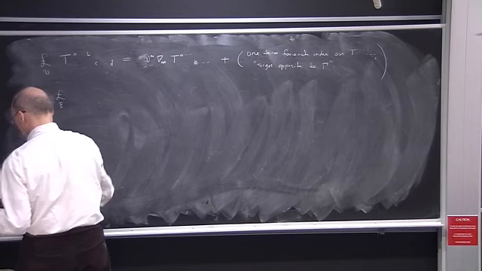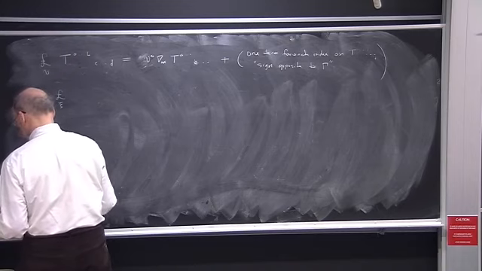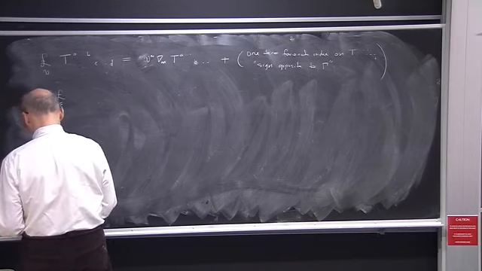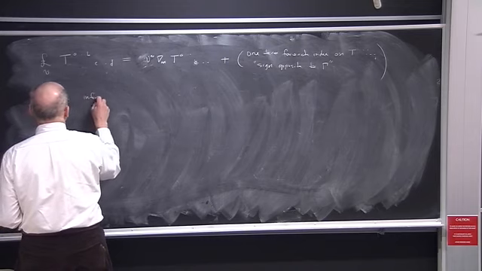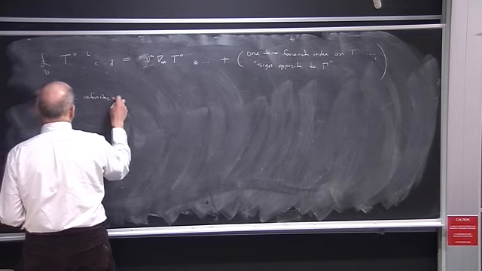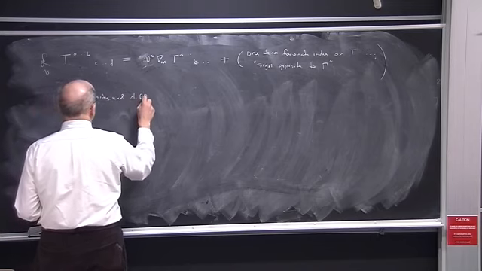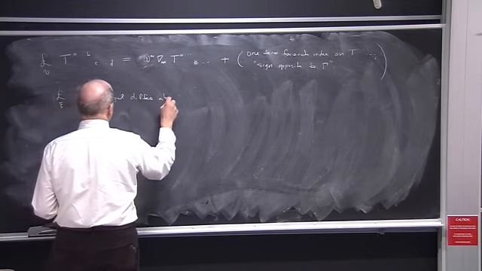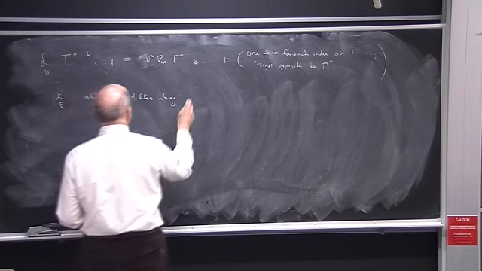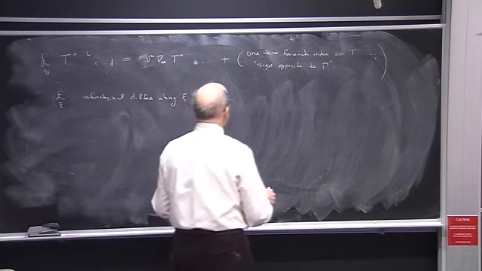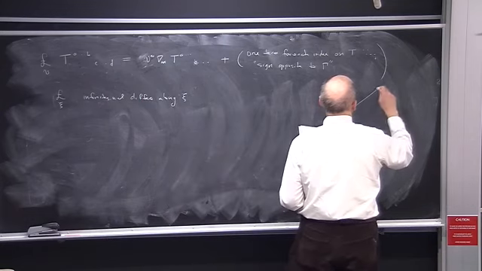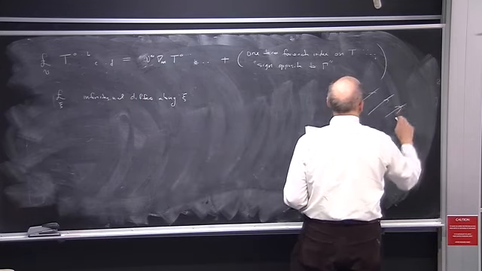No, I haven't, but I will in a second. So this is like an infinitesimal diffeomorphism along Xi, or you might say generated by Xi. So imagine Xi is going like this, as always.